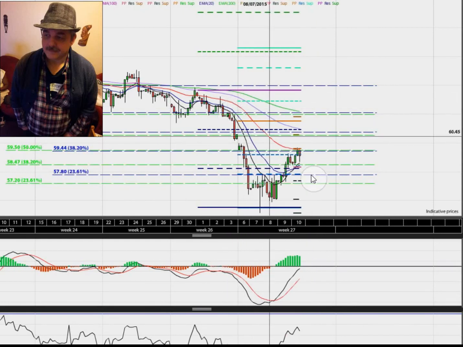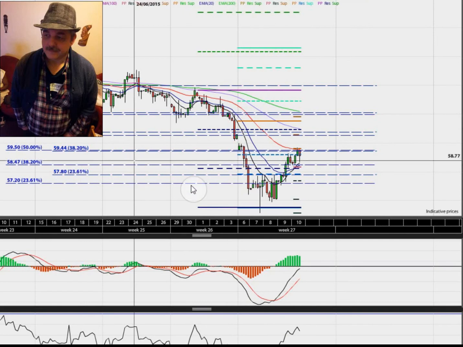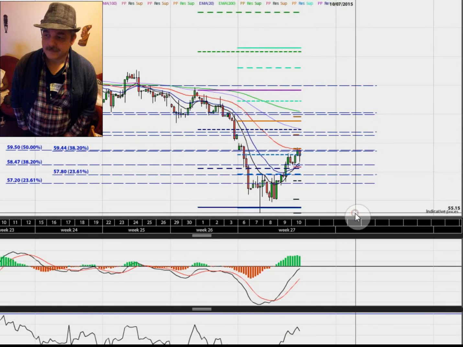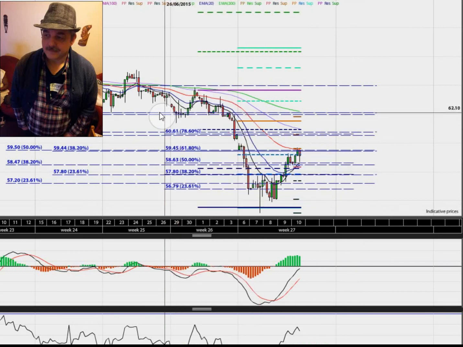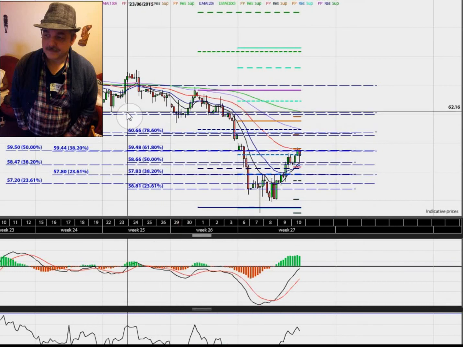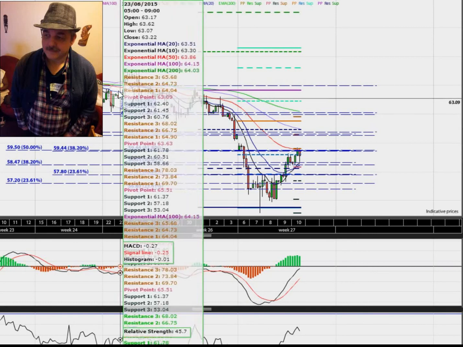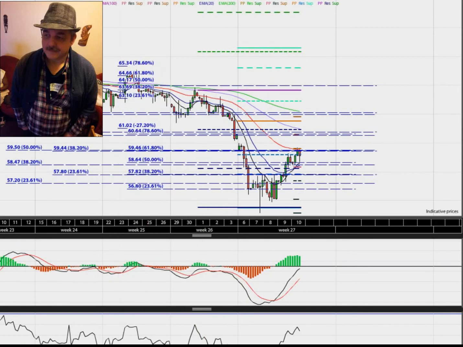Just checking that the levels I've used are actually highs. So yes, just to show that 61.8 clustering with the 38 and clustering with the 50% as well. Quite a strong resistance level there.